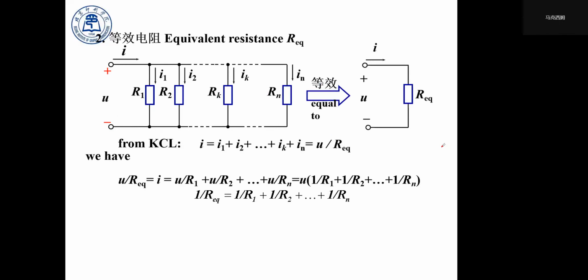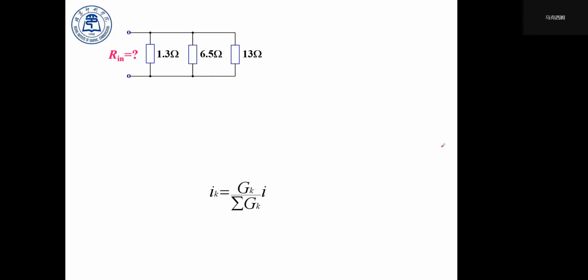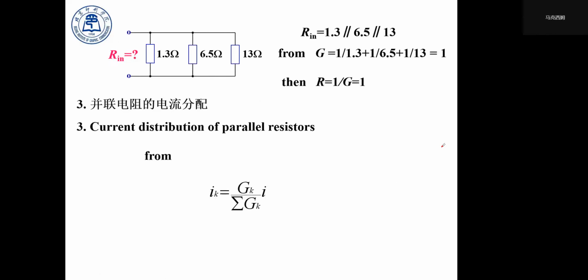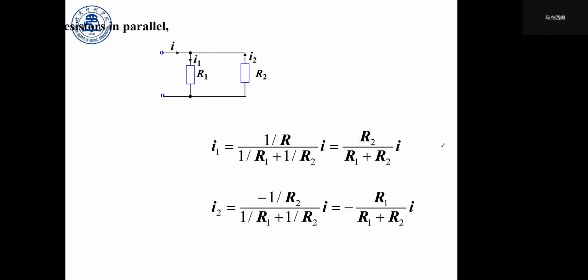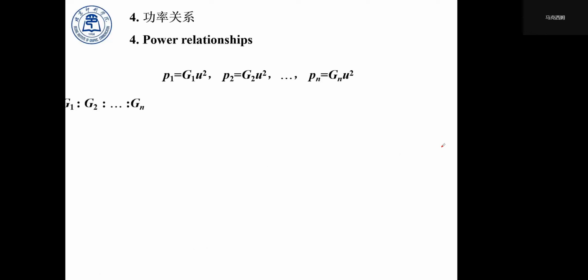So this is what we learned from last lecture. And we did some examples. And we also talked about the power relationships. So we know that the power proportion between the branches equals the proportion of their conductance on each branch.